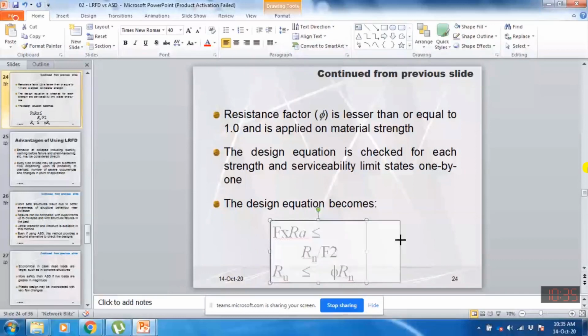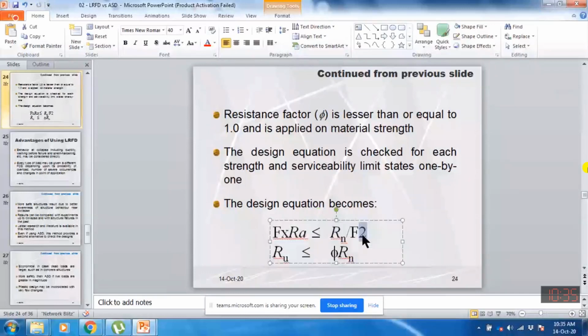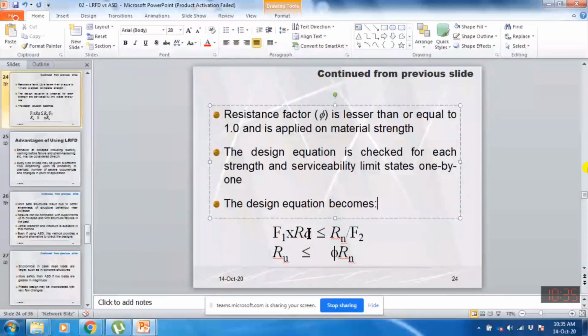And let's make it F1. F1 is the major factor of safety. So here, RA is the service load effect. Service load means the loads which are not multiplied with any factor of safety.